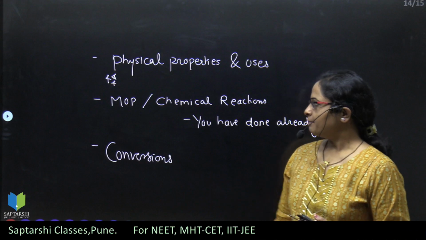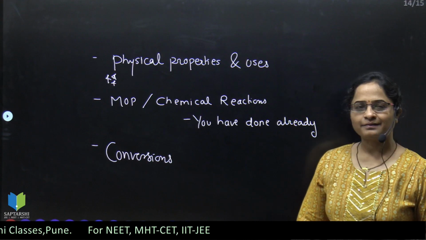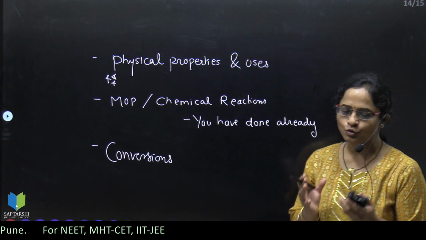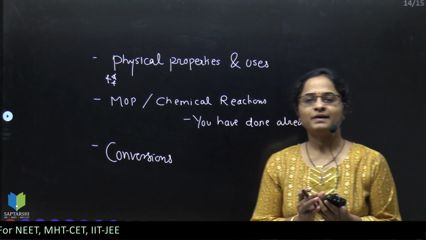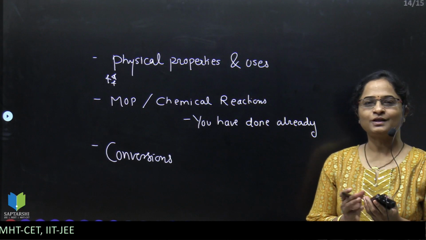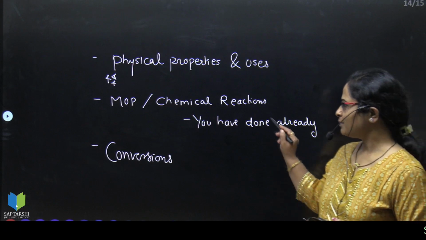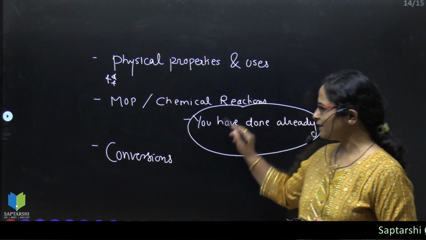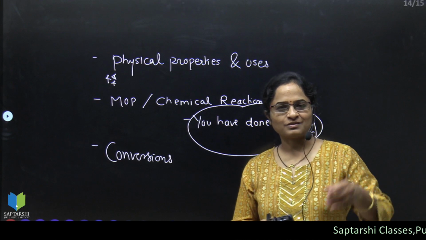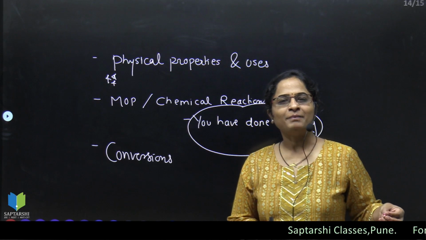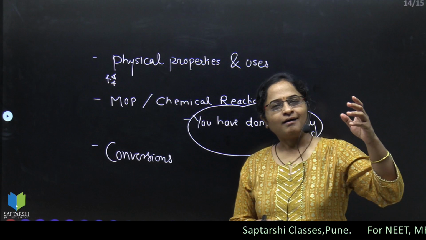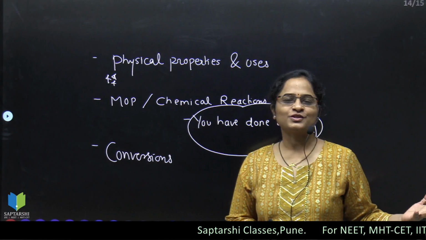Method of preparation and chemical reactions, that is the soul of all the chapters, but it's impossible to guide, and rather wrong to guide at this moment, because you all have done it already. When we say method of preparations, 5 to 6 methods of preparation are there.